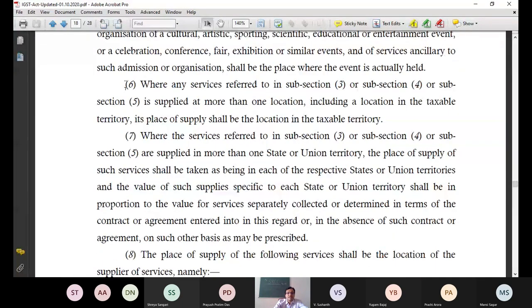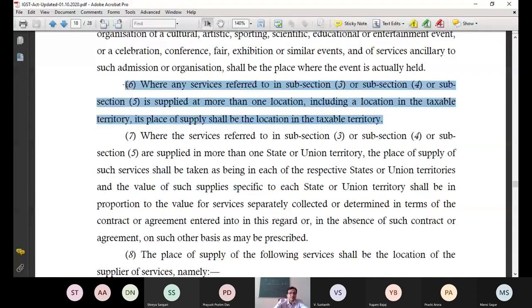Now, let me again show you the act. So I'm discussing directly subsection 6. I have discussed subsection 3. I'm not discussing subsections 4 and 5. Let me discuss subsection 6 directly because it has a relationship with subsection 3. What does it say? Read it.